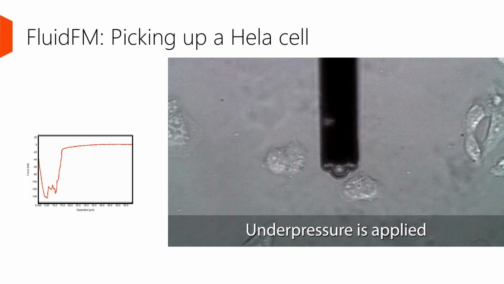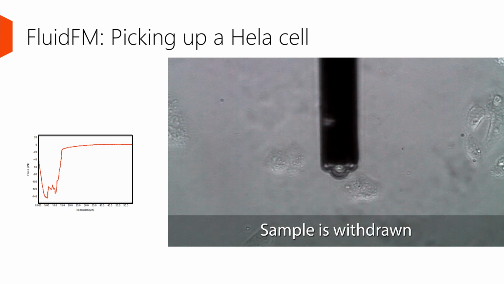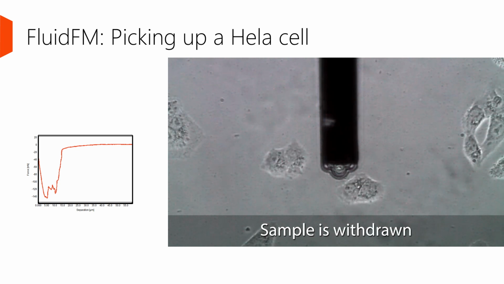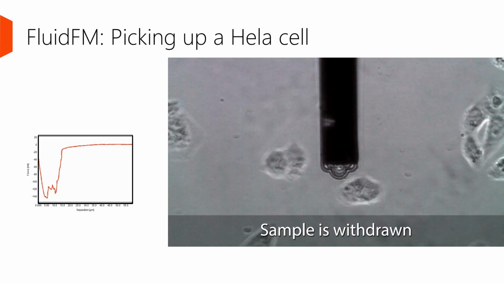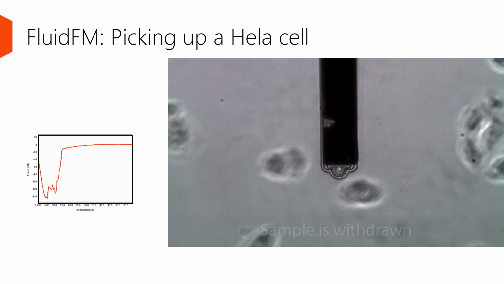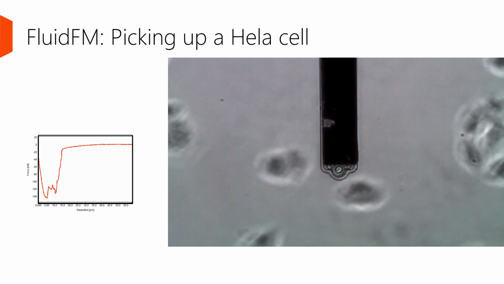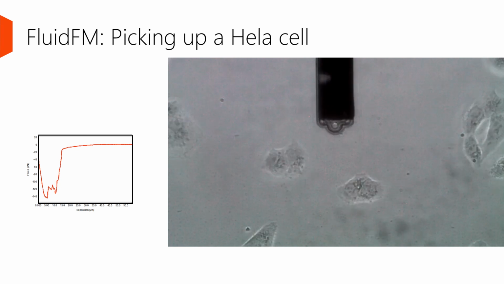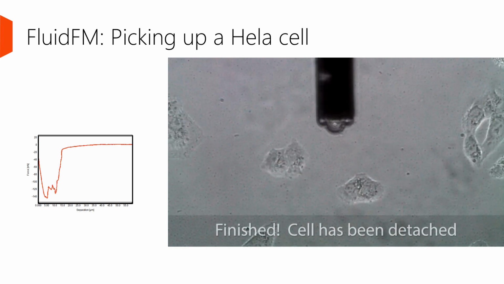After it has approached, we apply a negative pressure to fix the cell on the tip of the cantilever, and then the cantilever is retracted from the surface, and during the process the force curve is recorded. In this kind of experiment, we can measure the maximum force that is required to isolate a single cell from the substrate.